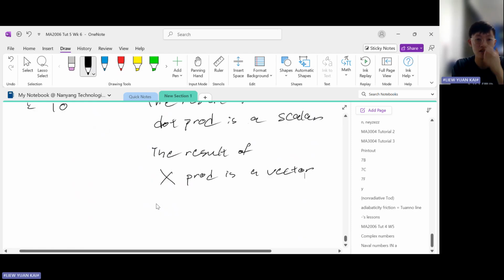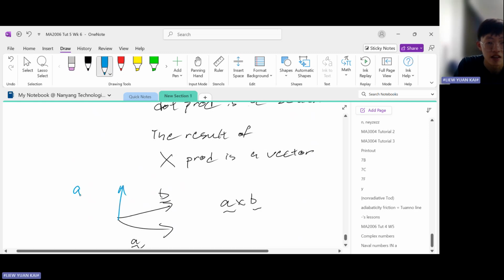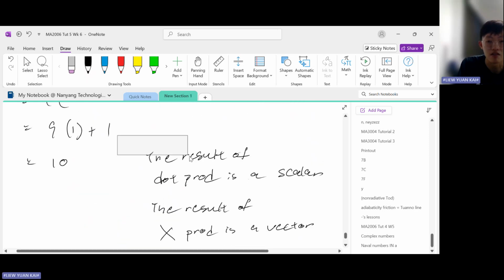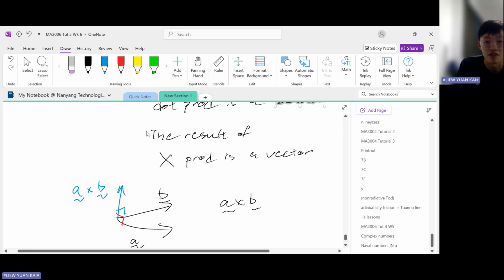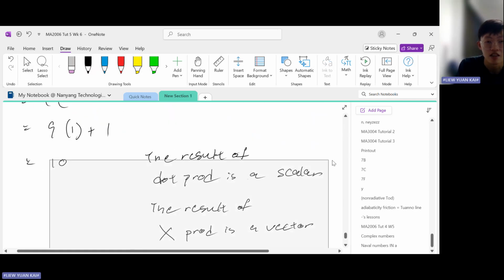If I take two vectors, A and B, remember the cross product, A cross B, will be a vector that's perpendicular to both of them. So this is A cross B. Notice that it is perpendicular to A, and at the same time, it is perpendicular to B. So that is cross product. So long story short, the result of dot product is a scalar. The result of a cross product is a vector. It's always the case.